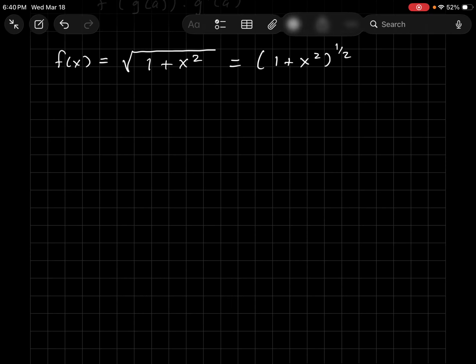So I have an outer function, something to the 1/2 power, and then an inside part, 1 plus x squared. So to find the derivative, I'm going to take the derivative of the outer function, which is the square root, and I leave the inside part alone.